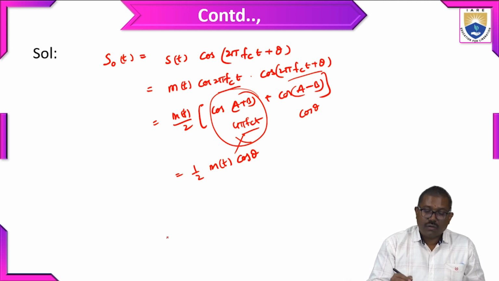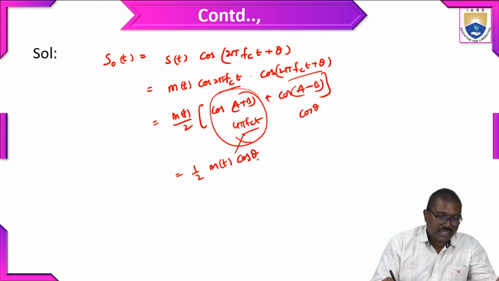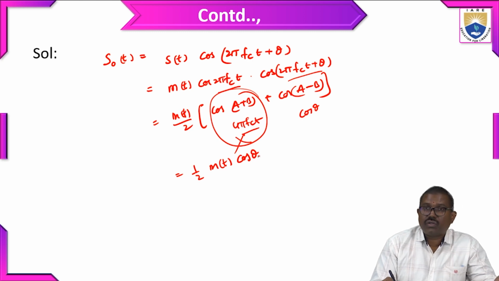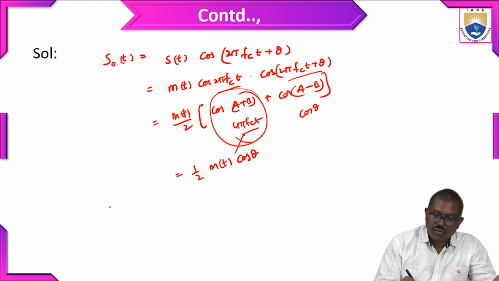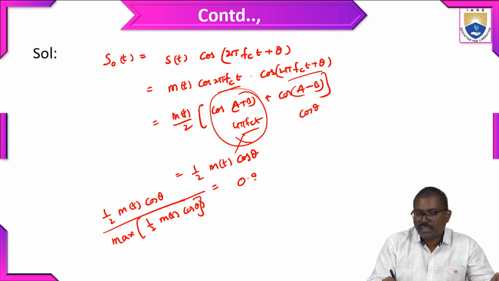Now what are they asking? The maximum allowable value of θ. So for this, 1/2 m(t) cos θ divided by the maximum output 1/2 m(t) gives cos θ, which is equal to 0.95.